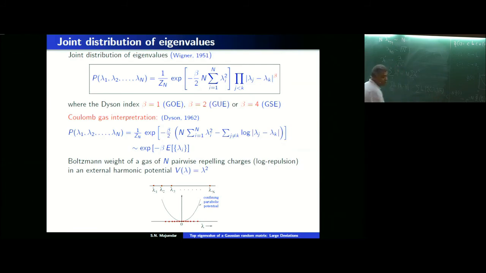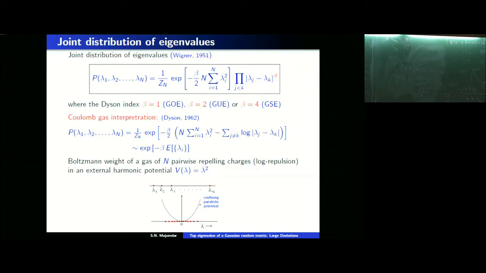But this log of square root of n is just a constant factor which comes out. You can absorb it in the normalization constant. So basically this is minus log of lambda i prime minus lambda j prime, plus some unimportant constant. Okay?